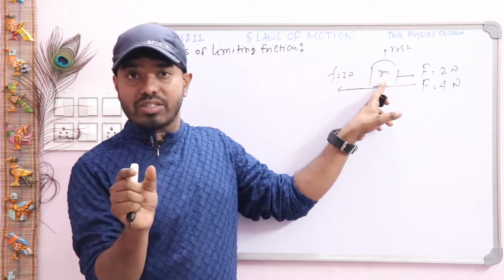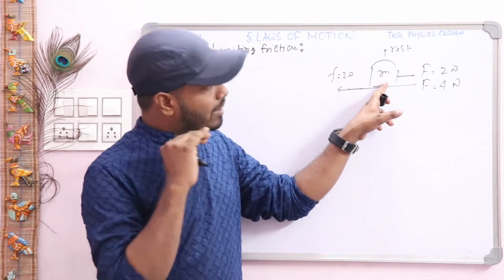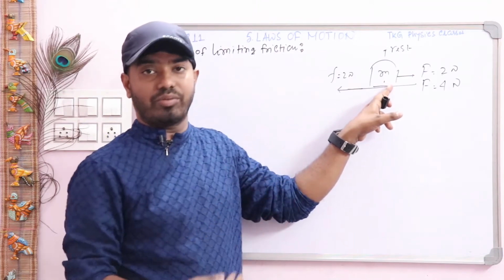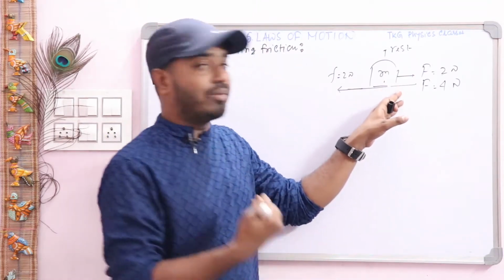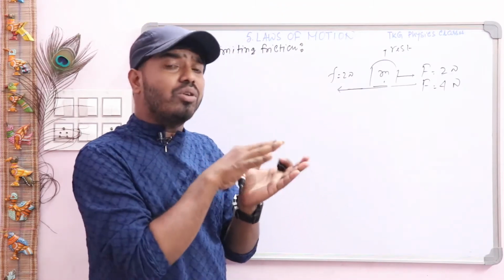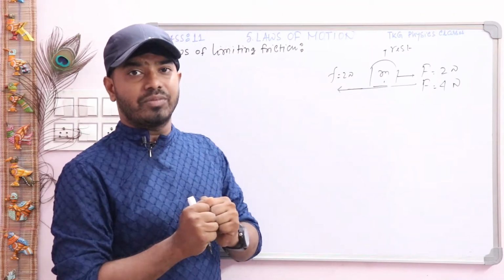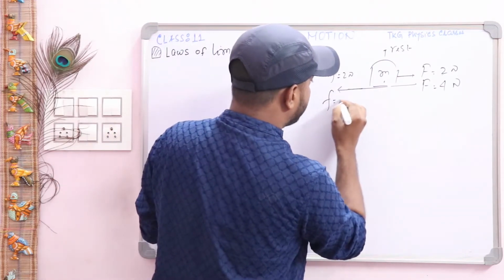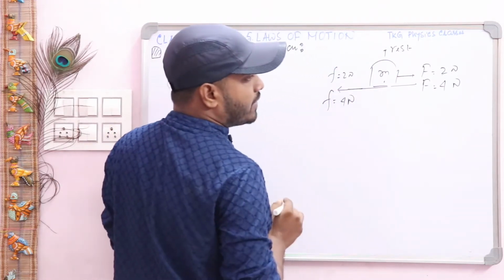That's why the body is at rest. Now I am applying an external force of 4 Newton, and I observe that the body is also at rest. So in that condition, the frictional force is also equal to 4 Newton.